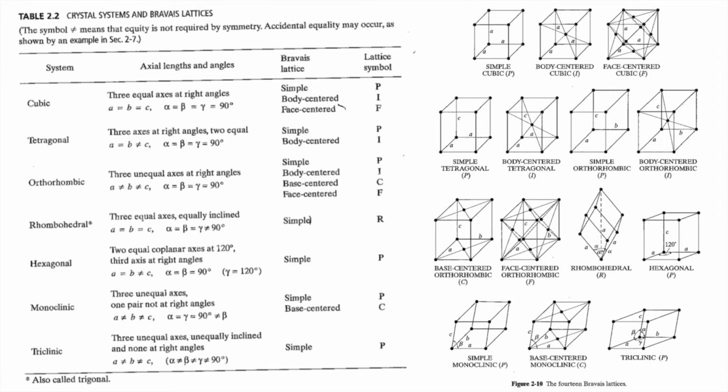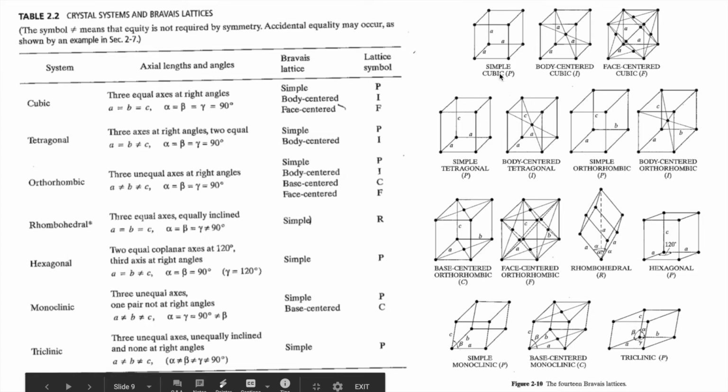So only 14 of those point lattices. Because that crystallographer's name was Bravais, we call these the Bravais lattices. So this is what you see in this column here. If you count all of these shown over here, there's 14 of these Bravais lattices.